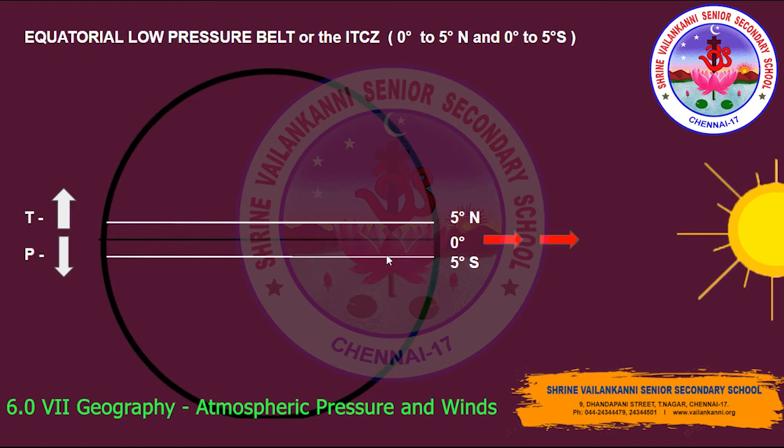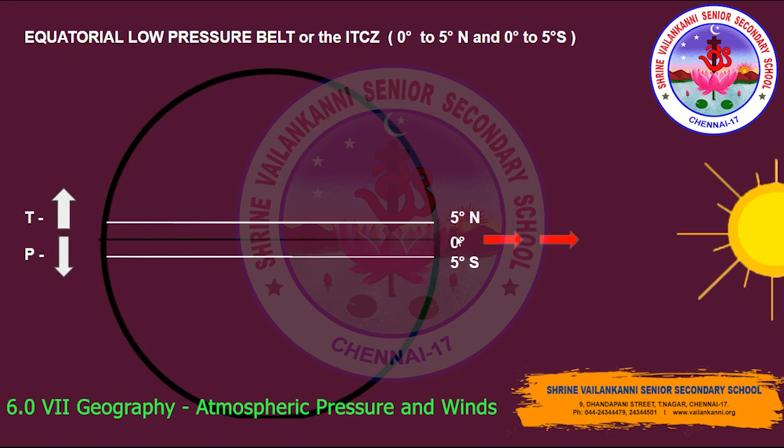As we all know, the equator receives the vertical rays of the sun. The level of insolation, that is the amount of solar energy received, will be high. When the sun's ray falls here, the area gets heated up, and the air gets heated.